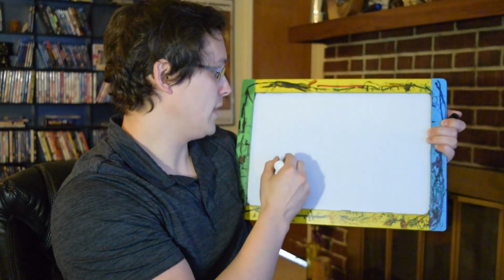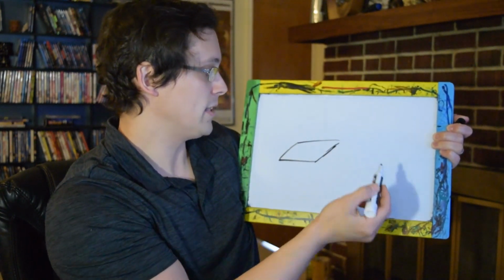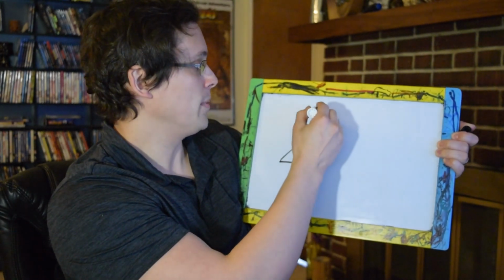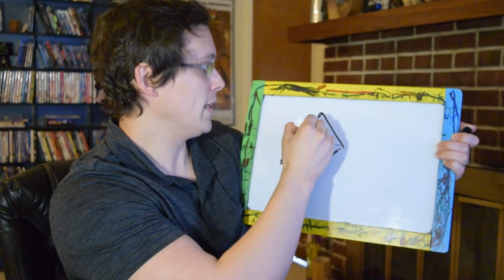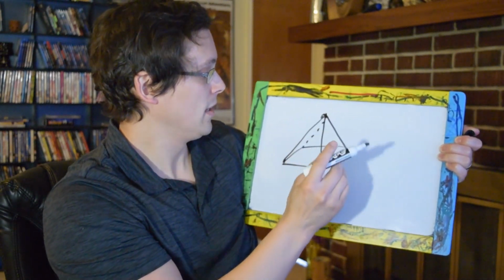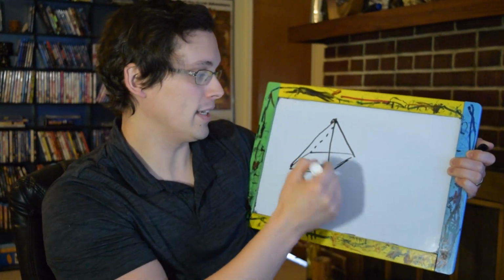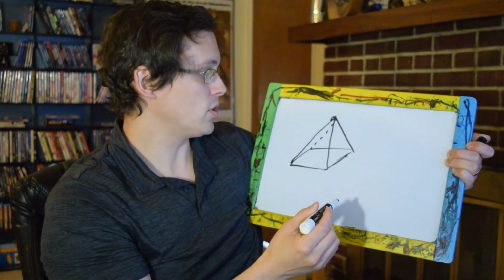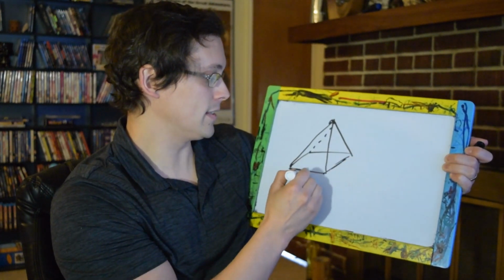So we have the base shape as a square, which I'm trying to draw as three-dimensionally as I can, and then we have a point that everything connects to. This is the way I draw pyramids, by the way: I draw the base shape in 3D, draw a point, and connect everything up. We know the base length is 6.